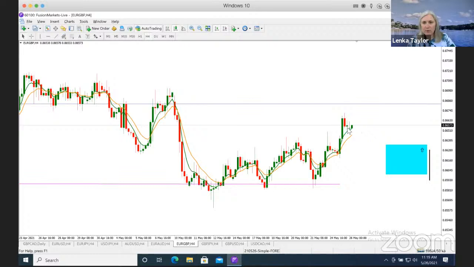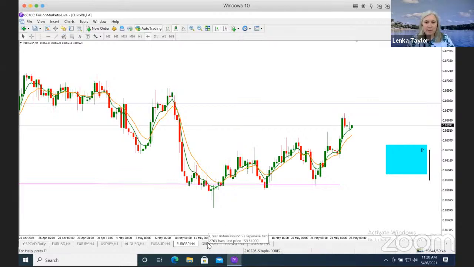So I probably wouldn't take it unless it really retraces down to this entry level above those peaks, or all the way down back to the support level there. And probably reducing risk on this one.